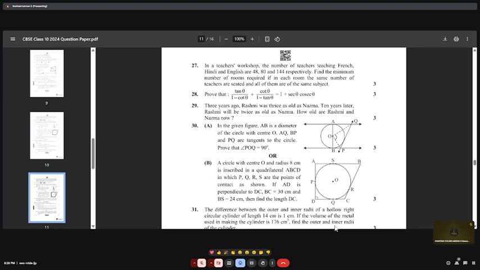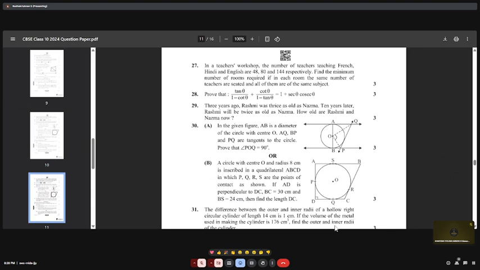Okay. What is the condition that they are given? First condition is 3 years back, Rashmi was thrice as old as Nazma. Okay. So 3 years back, Rashmi would have been 30 and Nazma would have been 10. Very good. Satisfies. Thrice.